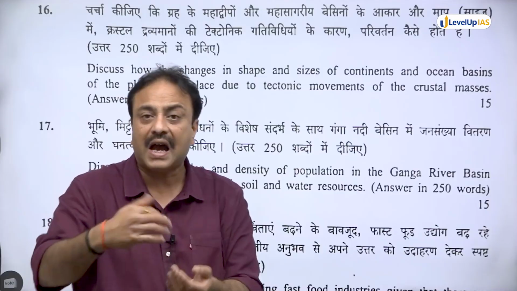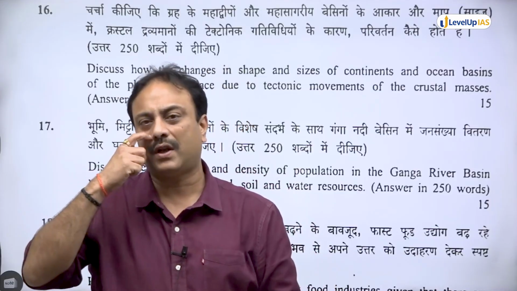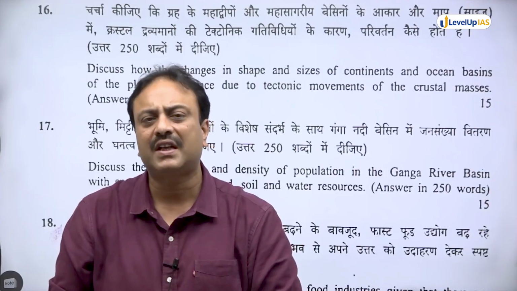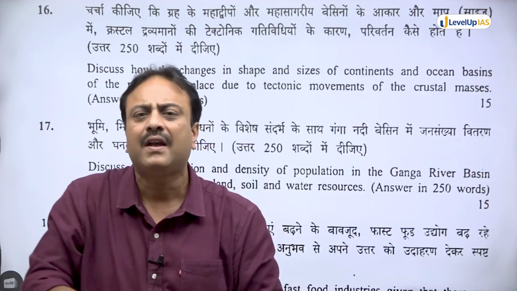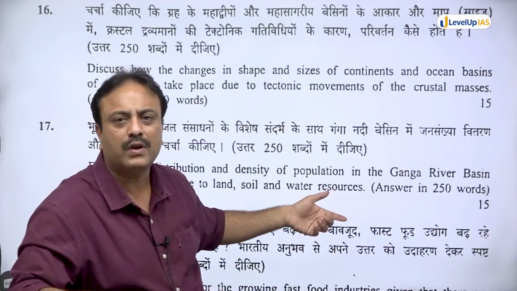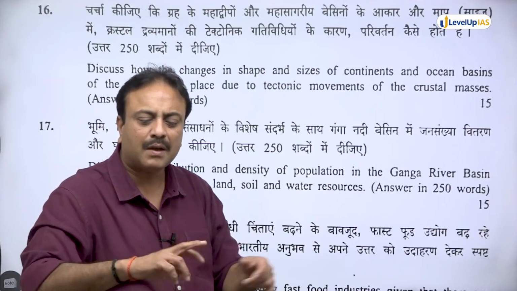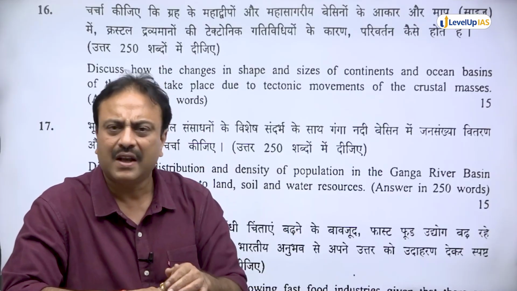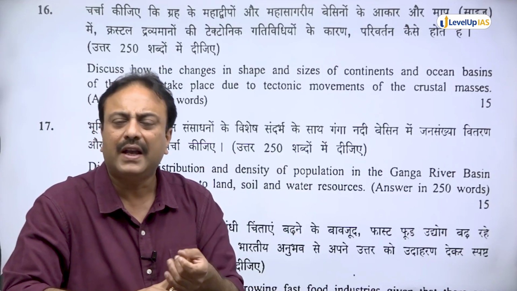What you can add, or how you can conclude this particular answer? This is the static part, everyone will be writing. How you can make your answer look slightly different: you can write about the impact of this movement of continents over a period of time. So you can write about change in climate, climatic aspects, which Wegener taught. You can write about ecological aspects.